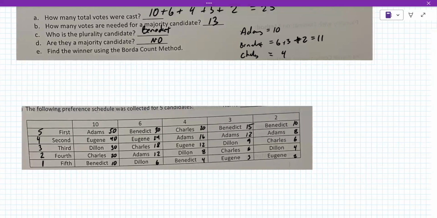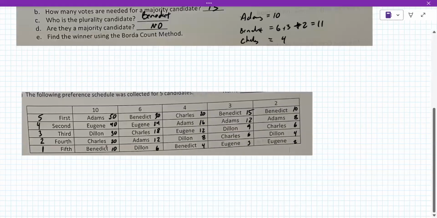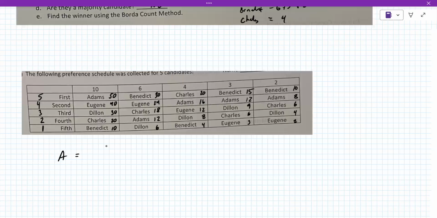Okay. Now that you have all of those, you add them up. For Adam, you find all the A's, and I would recommend going vertically each time, because it's only going to appear once in each column. So Adam is 50 plus 12 plus 16 plus 12 plus 8.